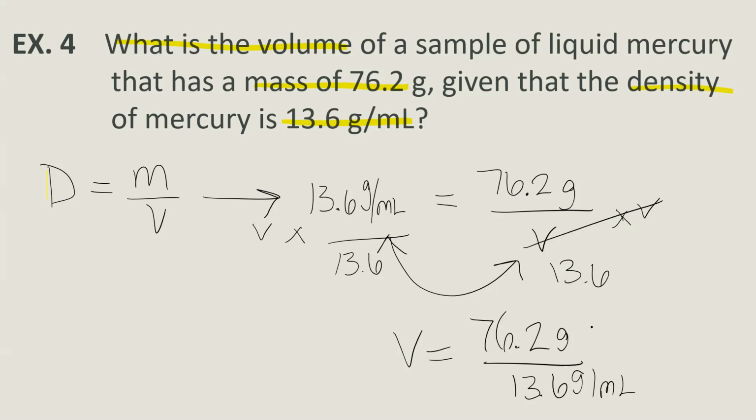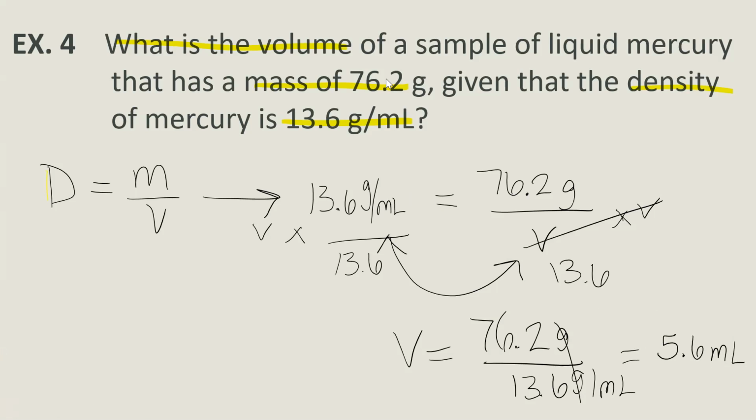Okay. So we're finding volume, which is going to be in milliliters. So these are going to cancel. So 76.2 divided by 13.6 equals 5.6 milliliters because I'm in volume.